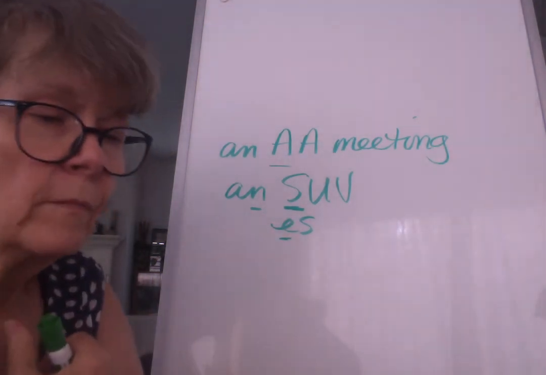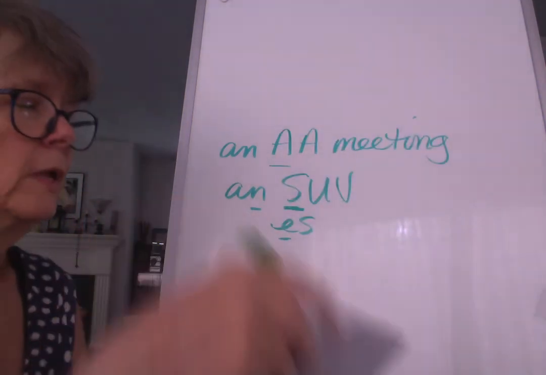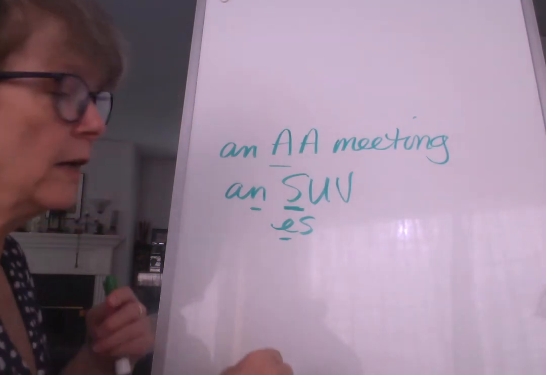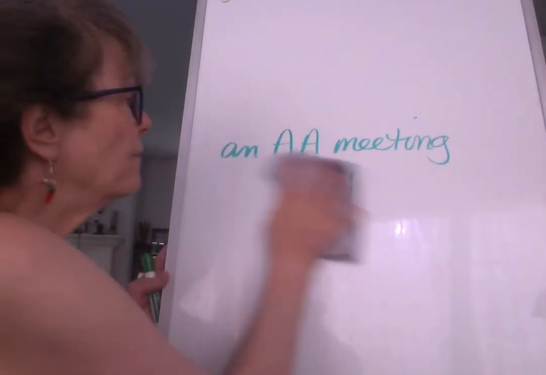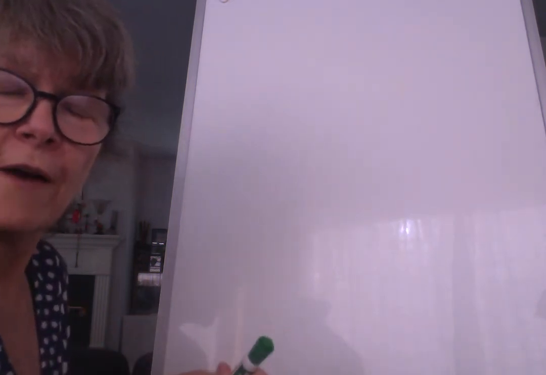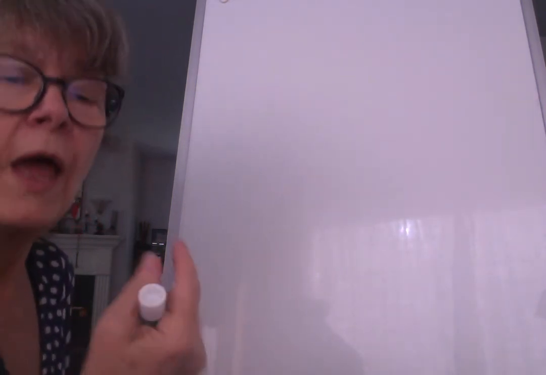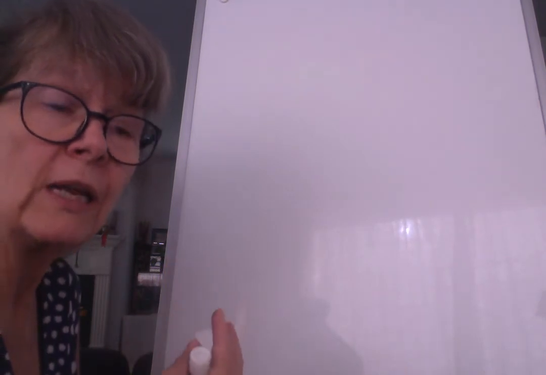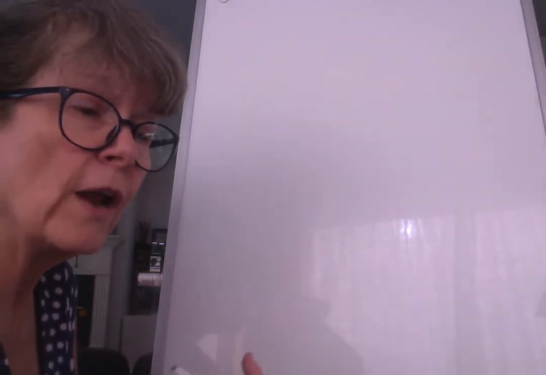All right? All right. Next page. Now, if there's an adjective modifying the noun, so we have an article, and then we have an adjective, and then we have a noun. Whether we use a or an depends upon the first sound in the adjective, not in the noun.